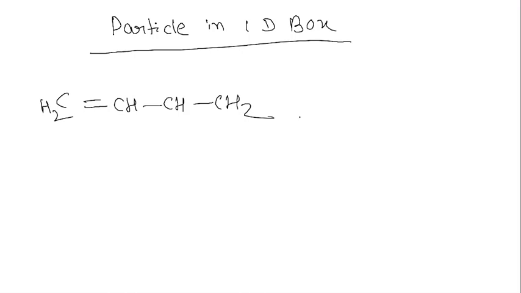How many pi electrons does it have? 4 pi electrons, these two and these two. If we want to fit this system in a 1D box problem, how do we do it? What do we need to know? First, the length of the box. How to calculate it?